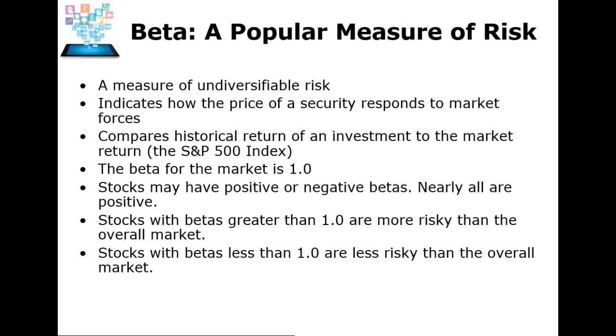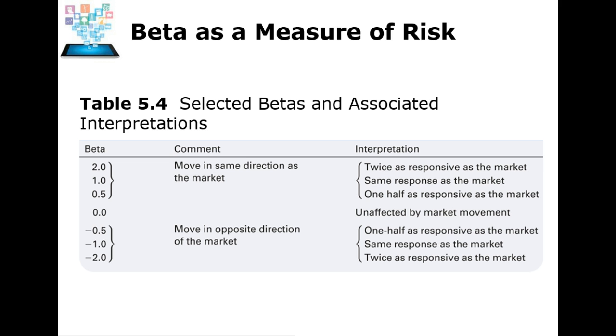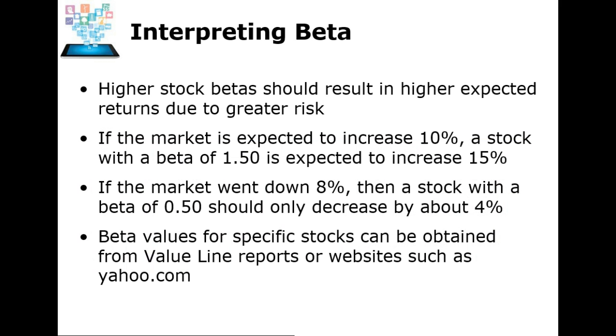Now, let's go back for a second. So if we're going to interpret beta, this is sort of what I was talking about before. Beta is really based on past stock price movements. So it's not a guarantee of how the stock's going to react in the future, more so a good guide, but not a guarantee.